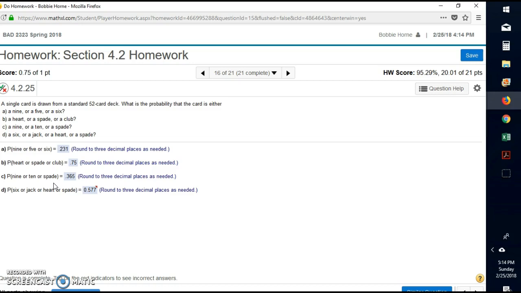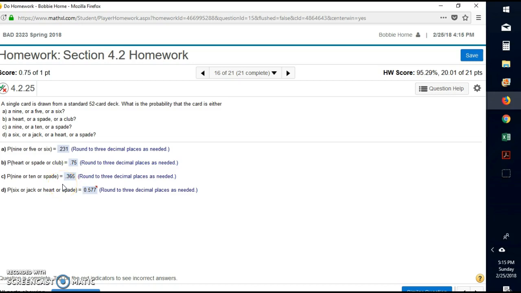But I'll just say 13 out of 52, and subtract 2 of those because we've already counted those, and say 11 out of 52. So 1/13 plus 1/13, and then you want to add the 11 out of 52. And you would get 0.365.